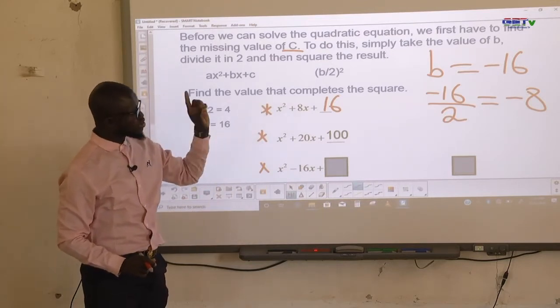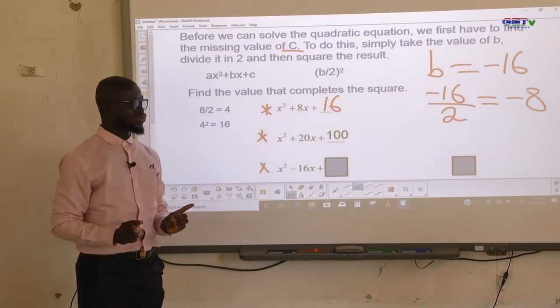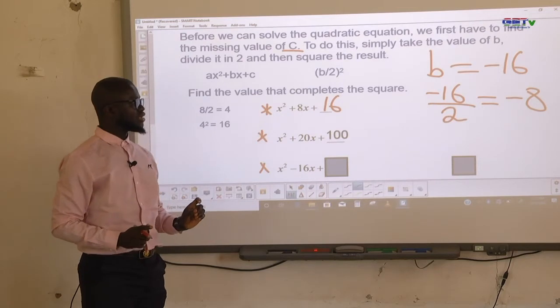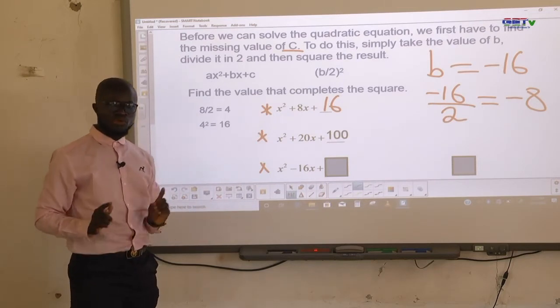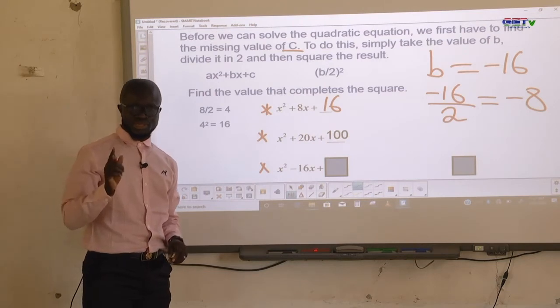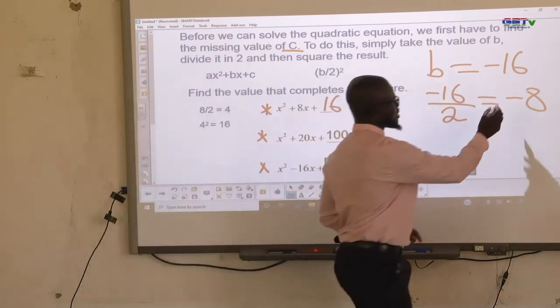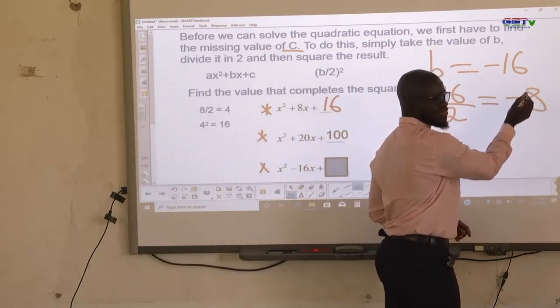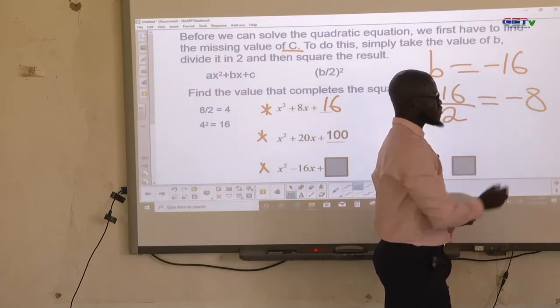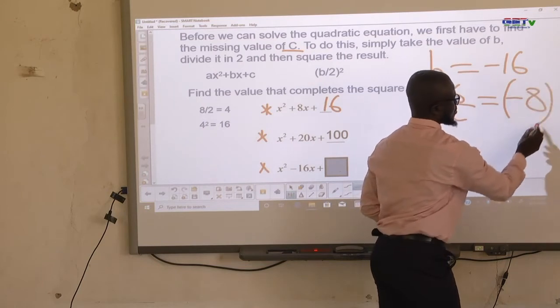The last rule says that you square the result. And what is the result here? When we divided negative 16 by 2, what was the result? We say the result is negative 8. Now, this negative 8 that we have here is exactly what we are going to square in bracket.